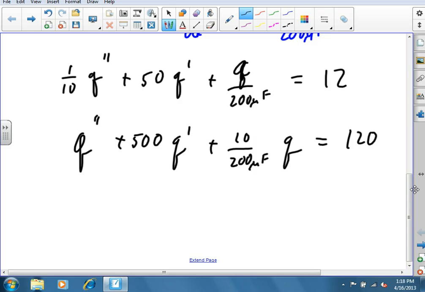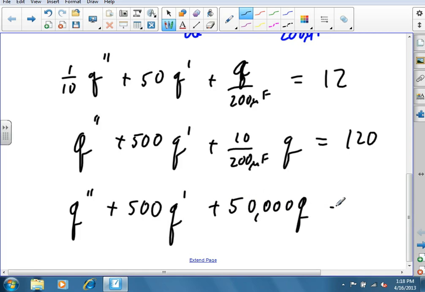That would be pretty bad if I stayed in binary. 10 divided by 2E minus 4 is 50,000. So I'm going to change this to Q double prime plus 500 Q prime plus 50,000 Q is equal to 120.